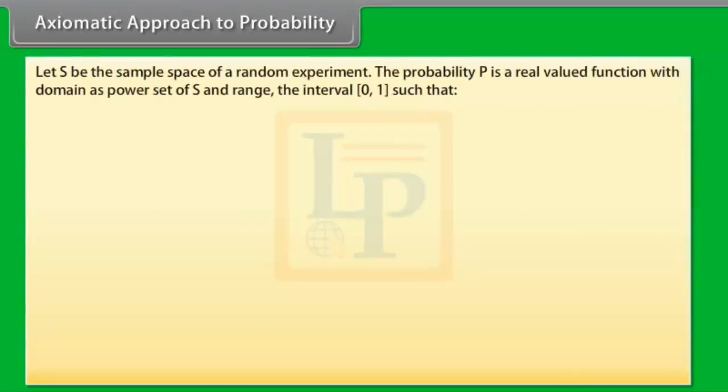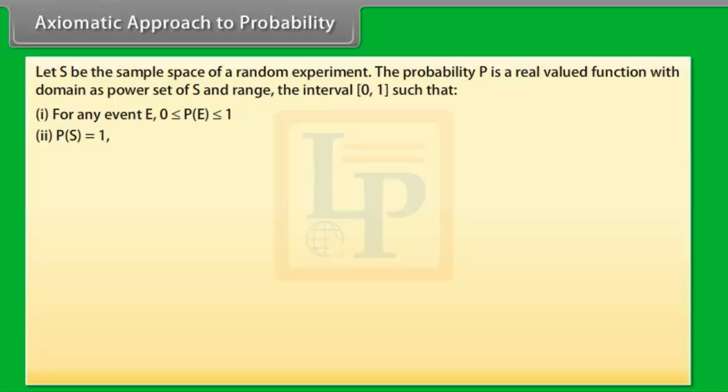Axiomatic approach to probability. Let S be the sample space of a random experiment. The probability P is a real valued function with domain as the power set of S and range the interval 0, 1, such that: 1. For any event E, 0 less than or equal to P(E) less than or equal to 1. 2. P(S) is equal to 1.